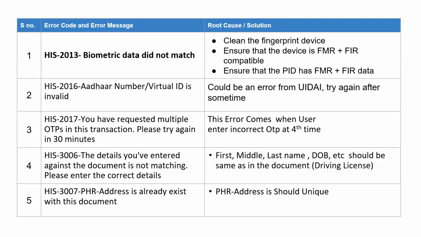I'm getting an error code as 2500, not HIS hyphen 2500, just the error value 2500. Actually, we are not passing this error. The CM application is passing this error. Which application is passing this?